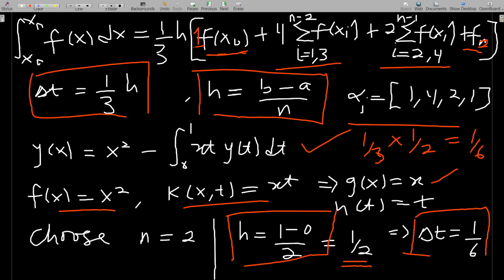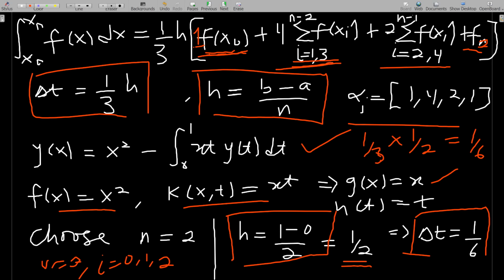Now when n is equal to 2, this means that my i is equal to 0, 1, 2. With i equals 0, I come and pick the coefficient here. With i equals 1, I come to where I start from 1, and that is this side. I pick the 4.